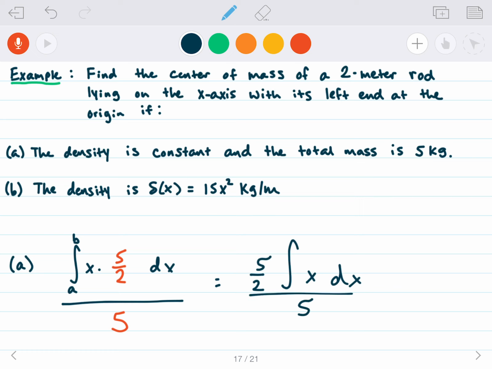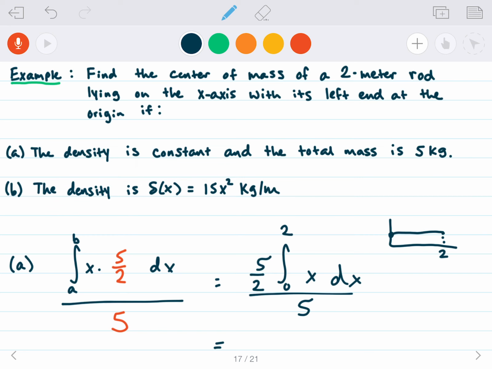And what are our limits of integration? Well, it says that the rod is lying on the x-axis with its left point at the origin, and it's going all the way out until 2 meters, right? It's a 2-meter rod. So we're going from x equals 0 to x equals 2.